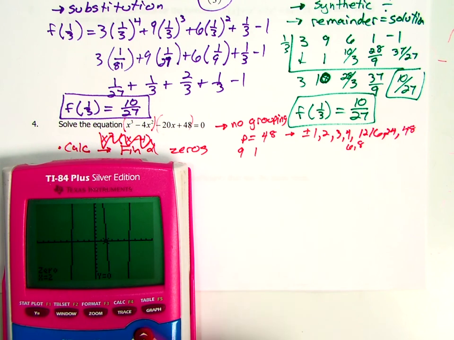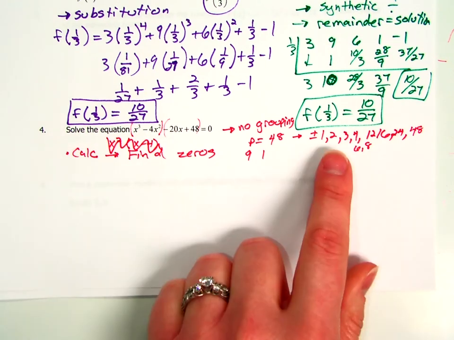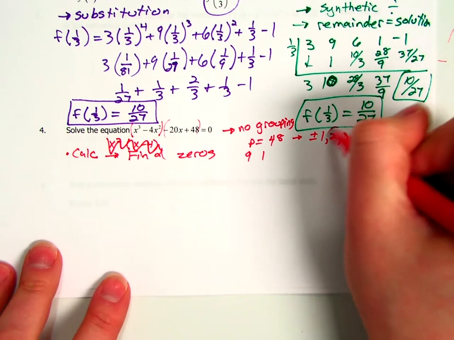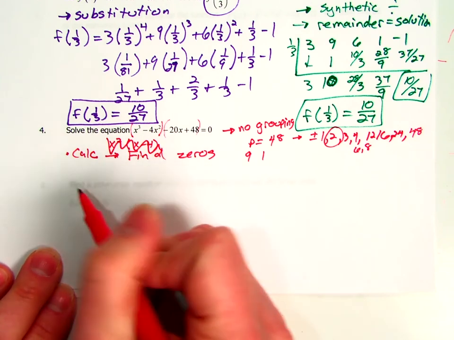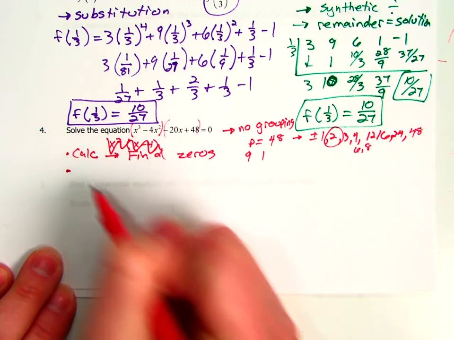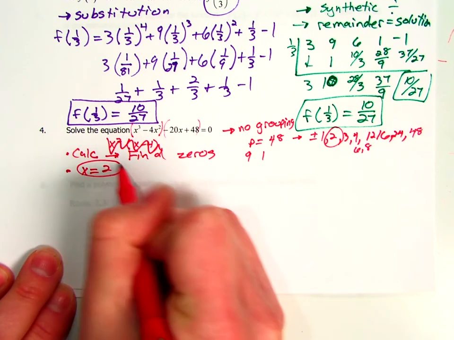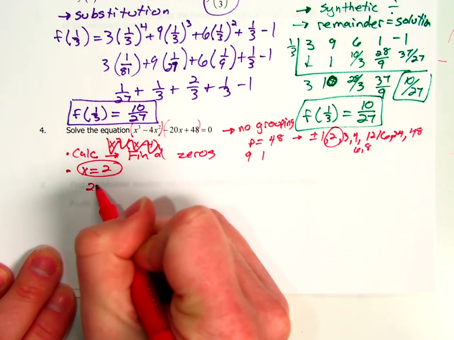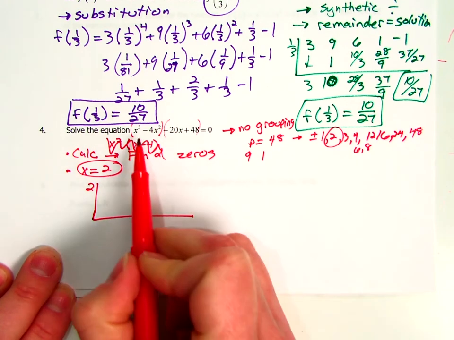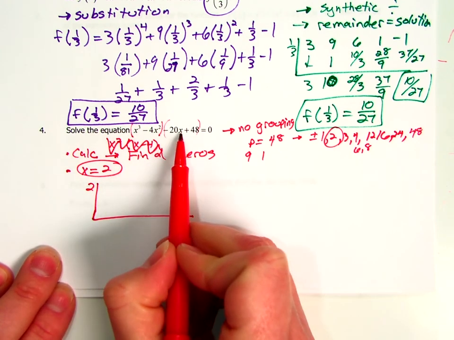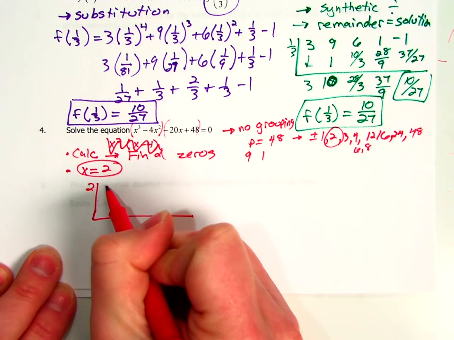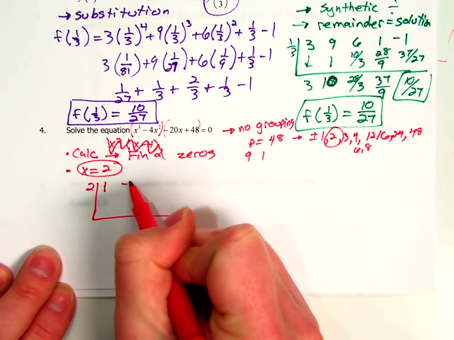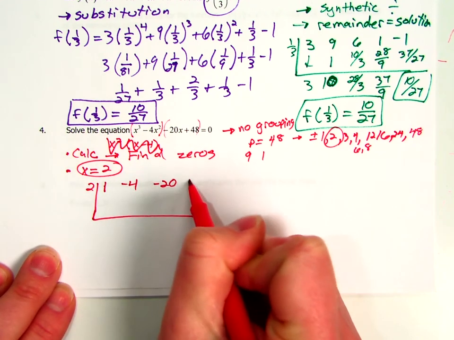So from my calculator, I know that 2 is a solution, and that matches one of my p's that I have up here. So I know that x equals 2 is one of my solutions, so I can use 2 in synthetic division. I have a cube, a square, an exponent of 1, and then the constant, so none of them are missing. So this is 1, -4, -20, and 48.